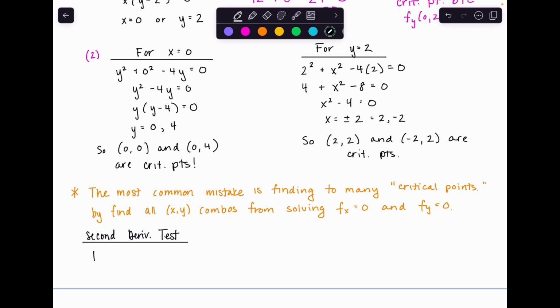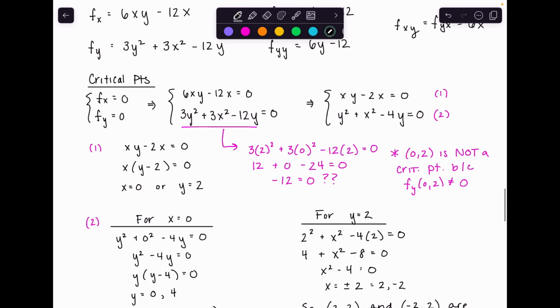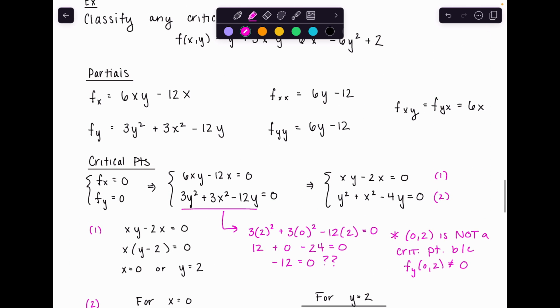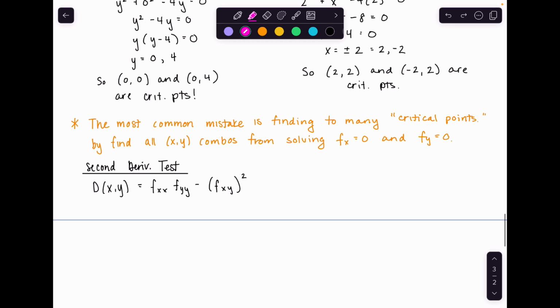So again, we have our function D, which is the determinant of that Jacobian matrix. It is the partial with respect to x twice, times the partial with respect to y twice, minus the mixed partial squared. And just going back up to what those were, the partial with respect to x twice and y twice were the same, and then the mixed partial is 6x.